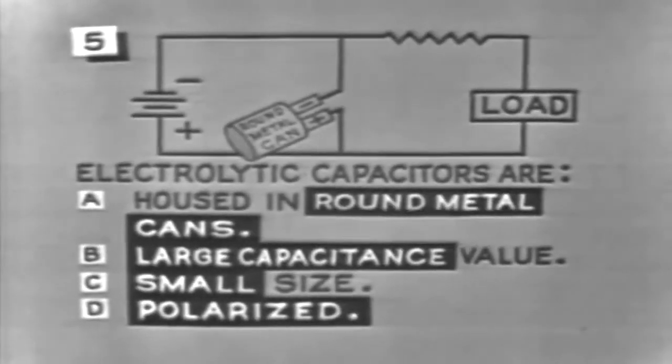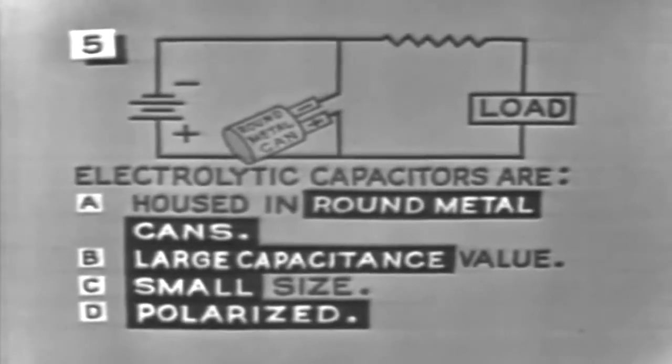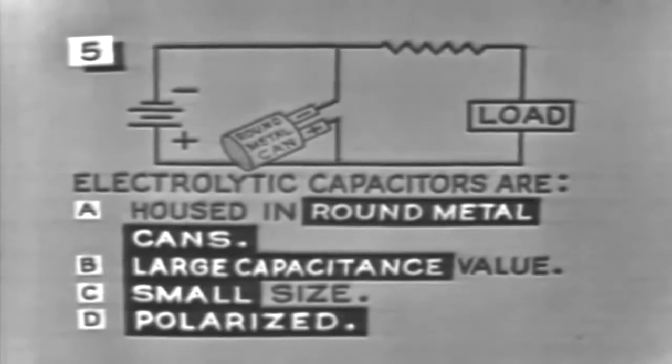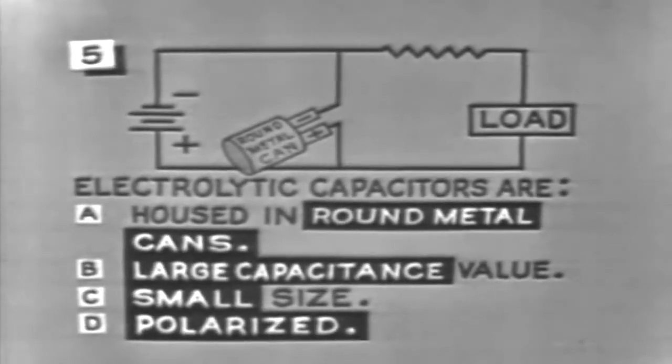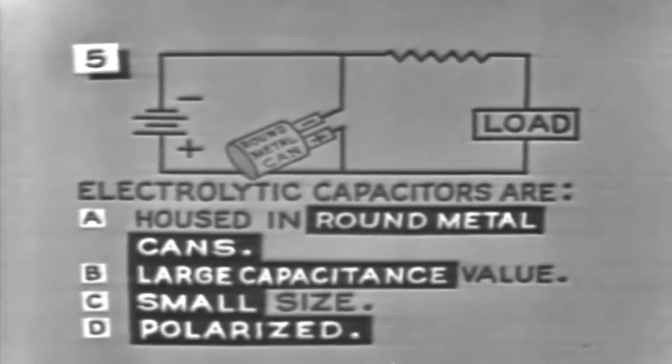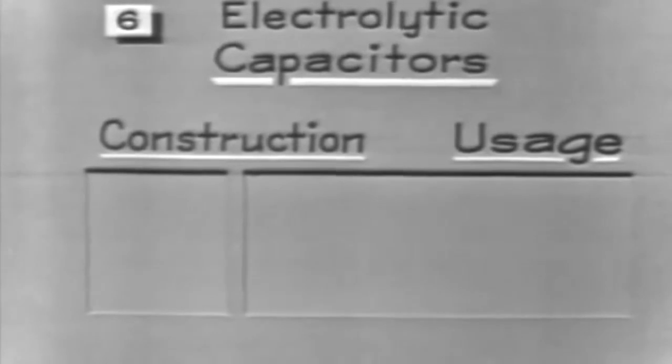You should have completed the statement, so it reads like this. Electrolytic capacitors are housed in round metal cans, large capacitance, small in size, and are polarized. Try number 6.